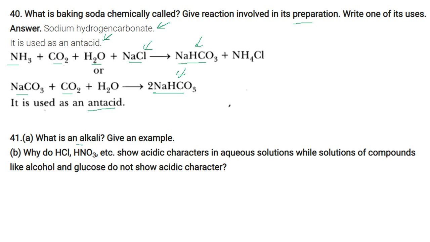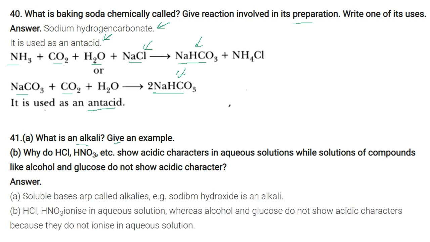What is an alkali? Give an example. So soluble bases, those bases which are soluble, are known as alkalis. Like sodium hydroxide, this is an alkali. Why do HCl, HNO3, etc. show acidic character in aqueous solution, while solutions of compounds like alcohol and glucose do not show acidic character?